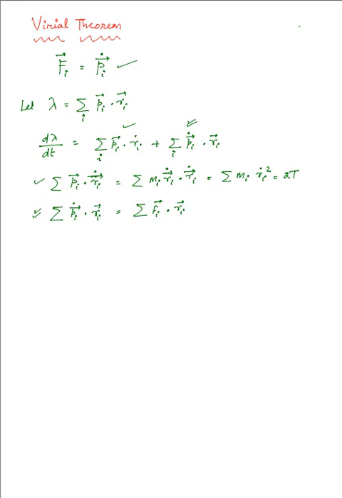So what we have got is that d lambda over dt, where for lambda we are again taking the form Pi dot Ri, is equal to 2T, the first term, plus the second term being the summation of Fi dot Ri, all of that over i, of course. So this is the value of d lambda over dt.